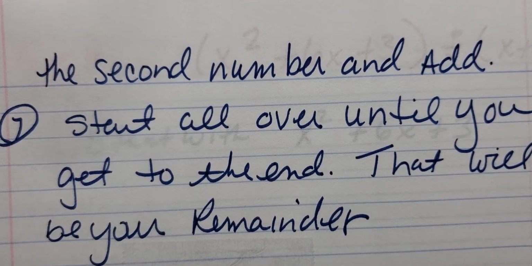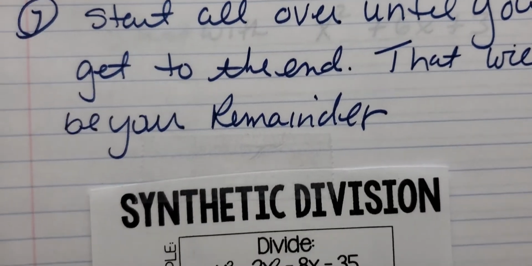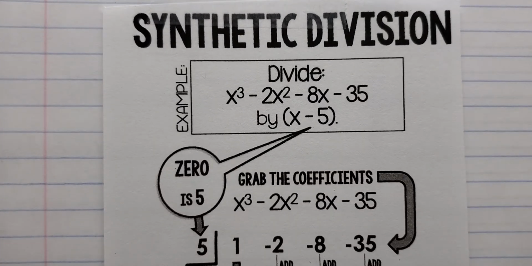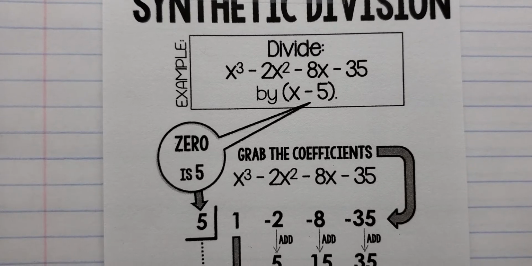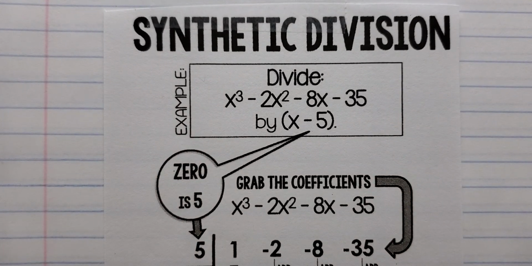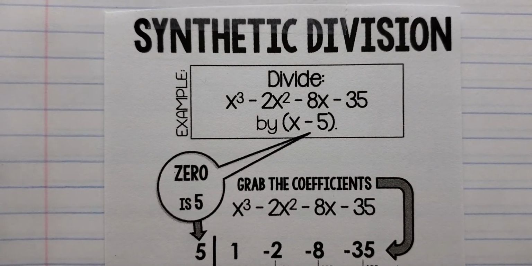Okay, so what does all that mean, Miss Mitchell? Well, give me a second, okay? Give me a second. I will show you. Okay. I have this nice little cheat sheet that I'm going to load as a PDF in your folder, okay?